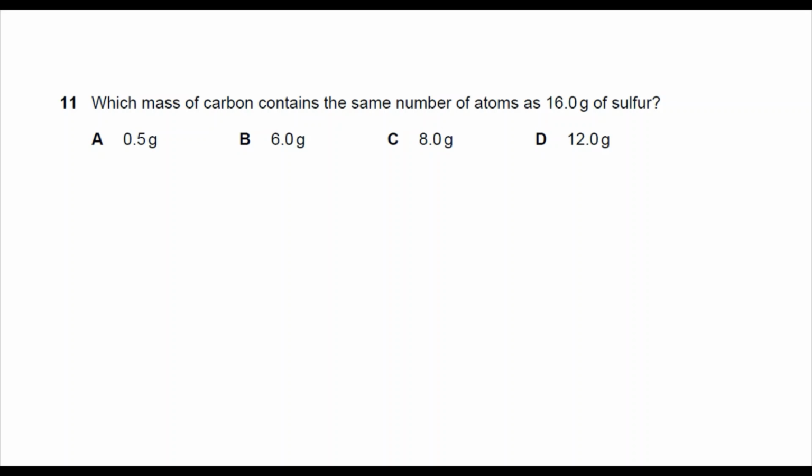Which mass of carbon contains the same number of atoms as 16 grams of sulfur? So I guess another way to say this is, when I talk about the same number of atoms, can I say I'm talking about the same number of moles? Let me give you an example. If I have a dozen eggs, I say I have 12 eggs.